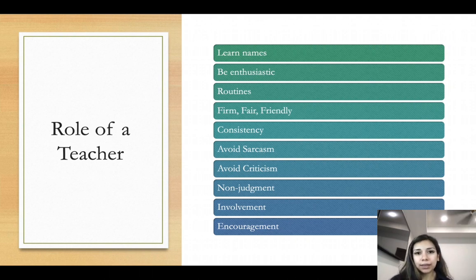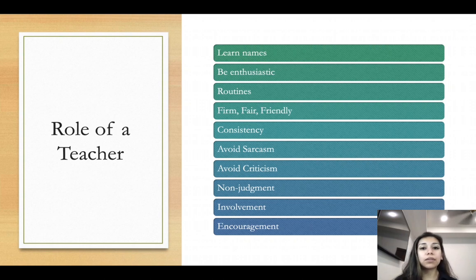You want to be enthusiastic, you want to follow the appropriate routines, being firm, fair, and friendly, the 3 F's. Consistency, avoiding sarcasm. Sarcasm can be hurtful. Avoiding criticism. Having a non-judgmental classroom is the best kind of classroom you can have for a student.